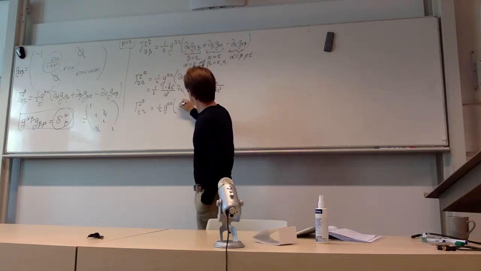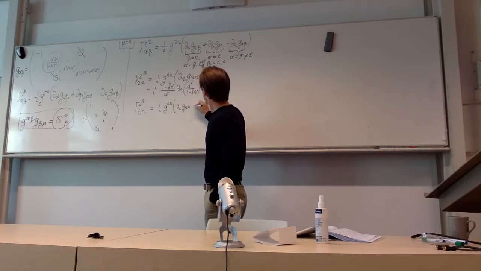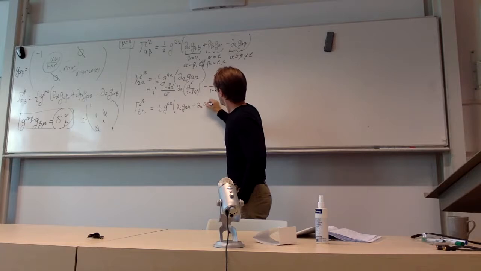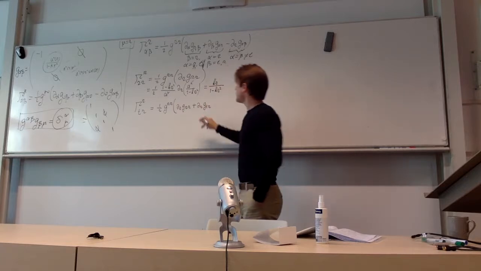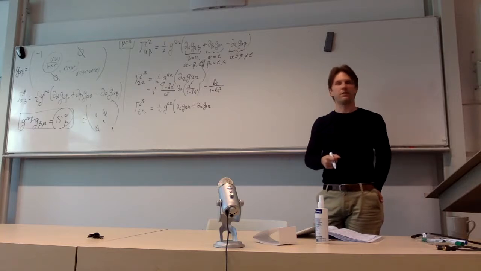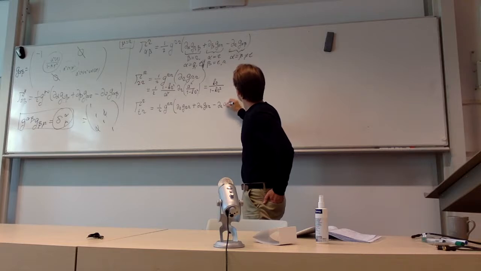It should be the time derivative of G_RR plus an R derivative of G_TR. This is 0 because the TR metric element is 0 itself, minus the R derivative again of G_TR.